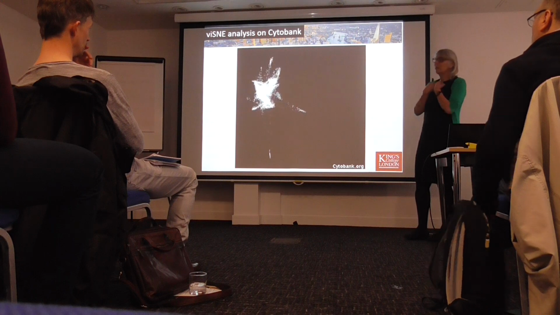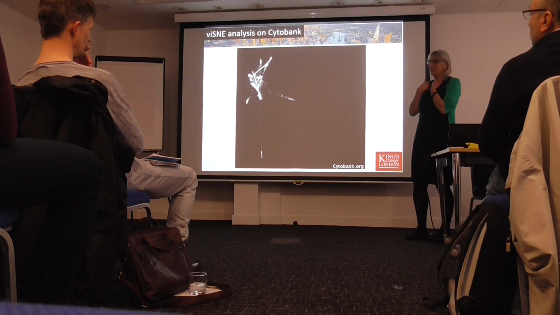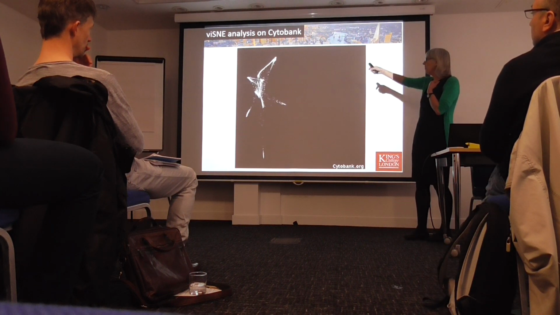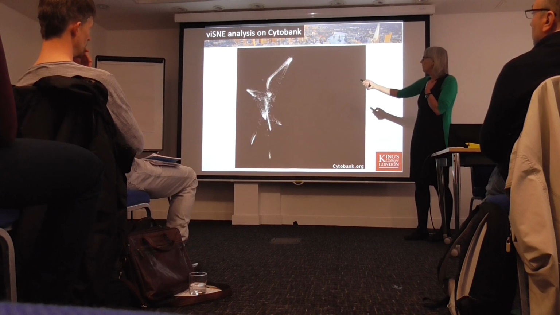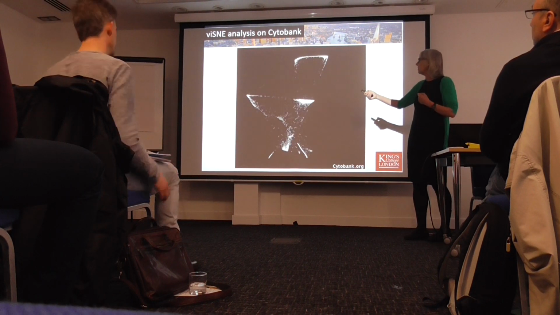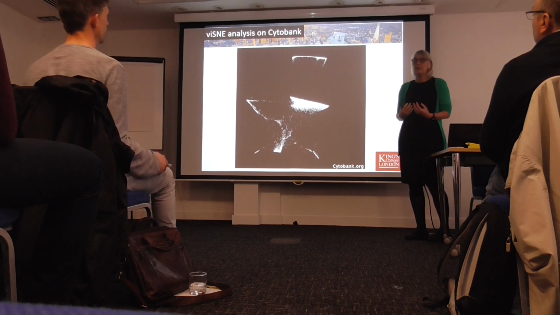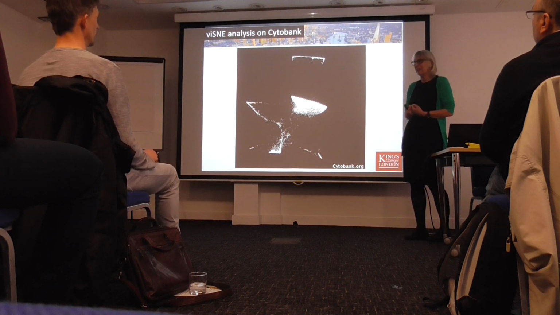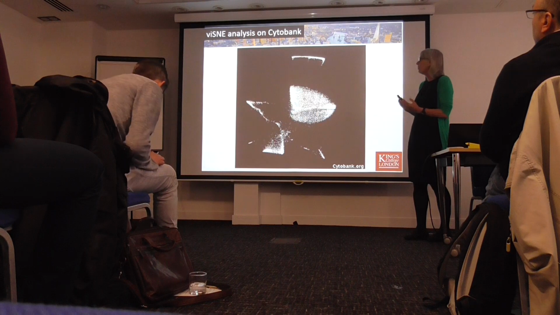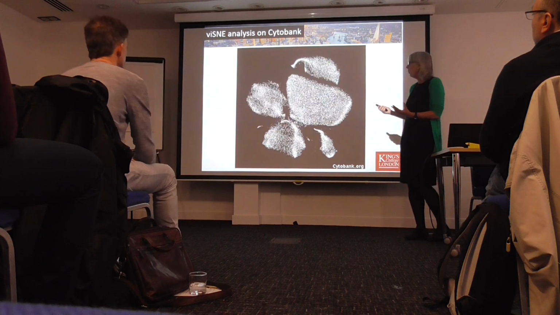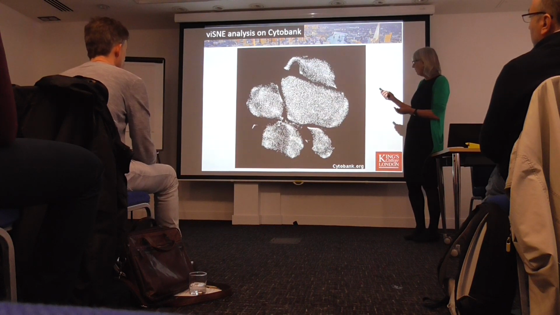So we're not mathematicians, and we don't know what we're doing most of the time in terms of mathematical analysis, but this platform, Cytobank, is very user-friendly, so that biologists like us can input our data and try and visualize it in different ways without requiring much noise.